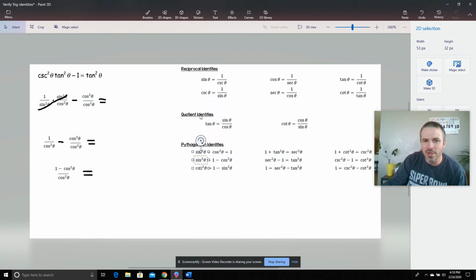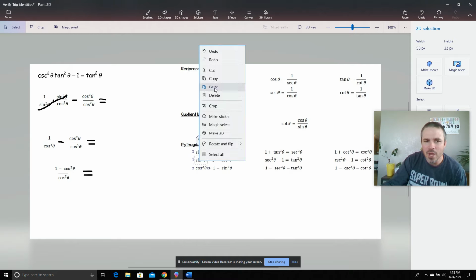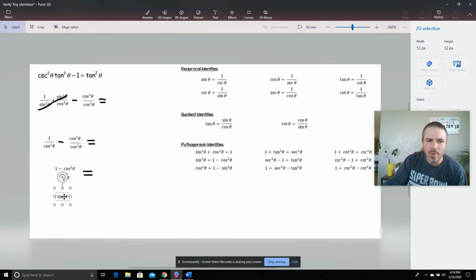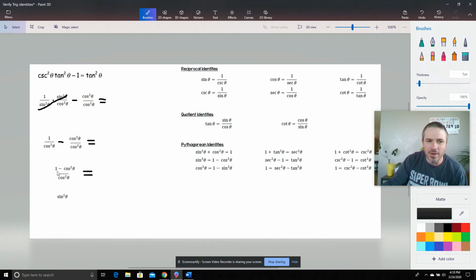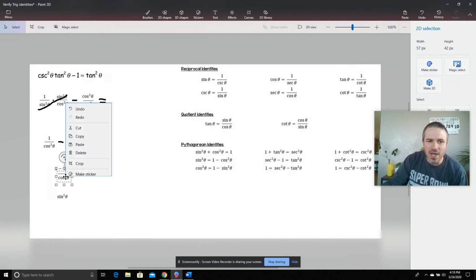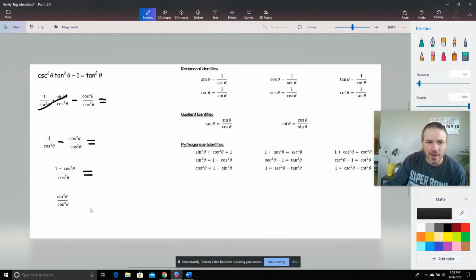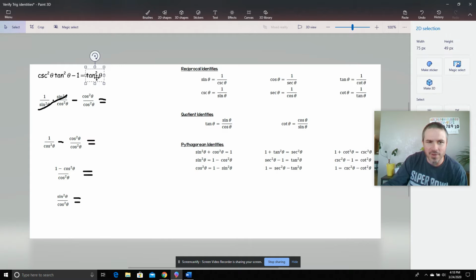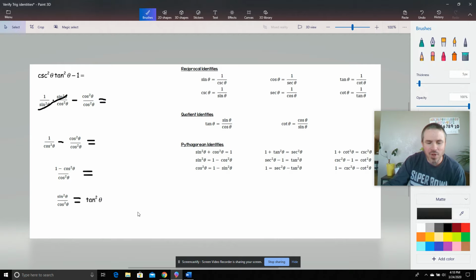So what we can do is take this sine squared and make that the top. And then what you have is sine squared of theta over cosine squared of the same theta on the left side, which now we can see is how we get it to equal this side right here, right?